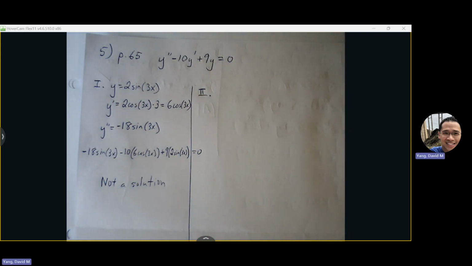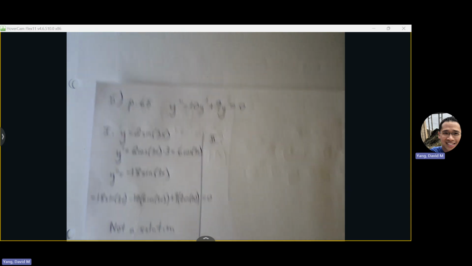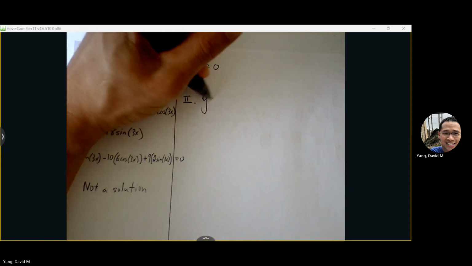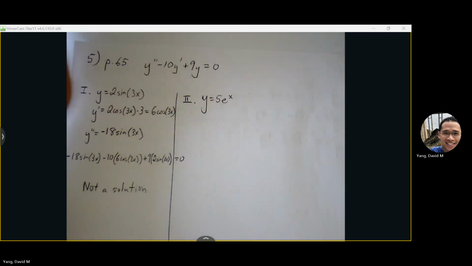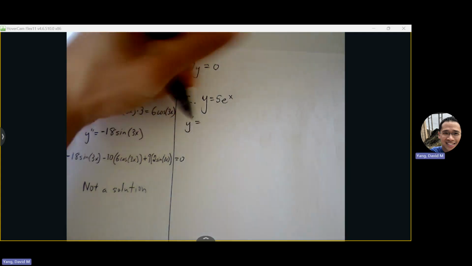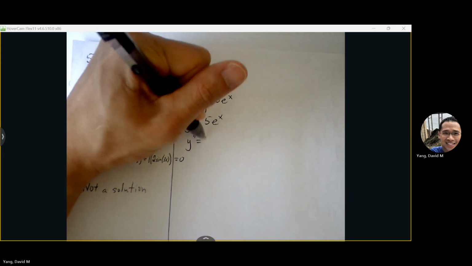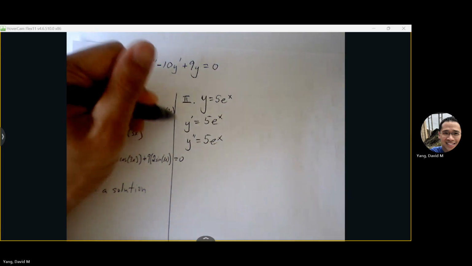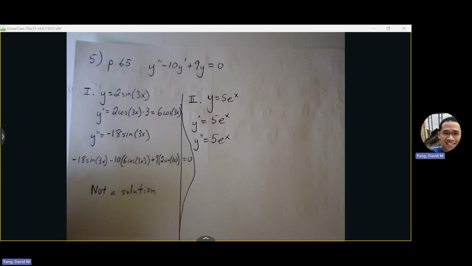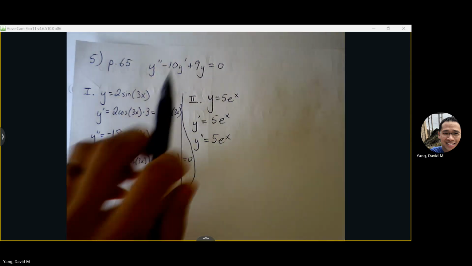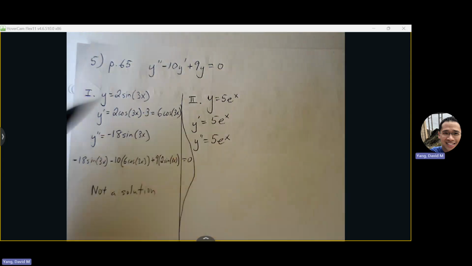Okay, second option, y equals 5e to the x. Let's find y prime and y double prime. All my derivatives will remain the same. Now I'm going to put it all into my differential equation.